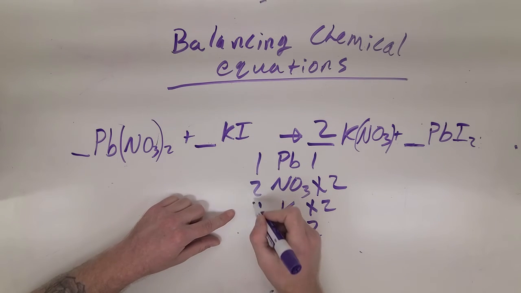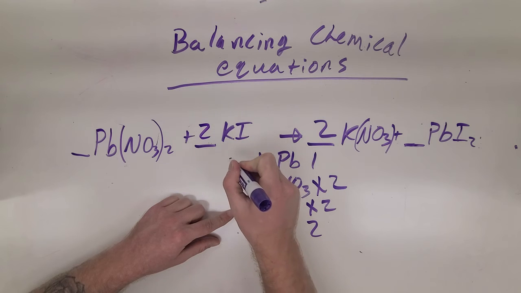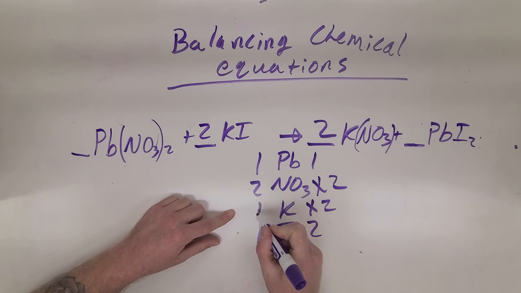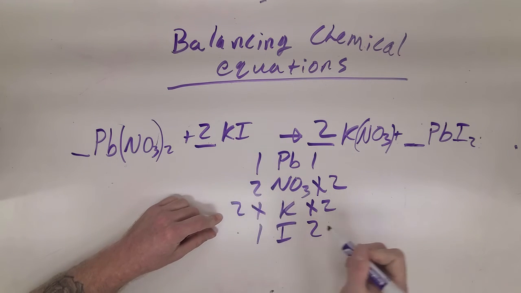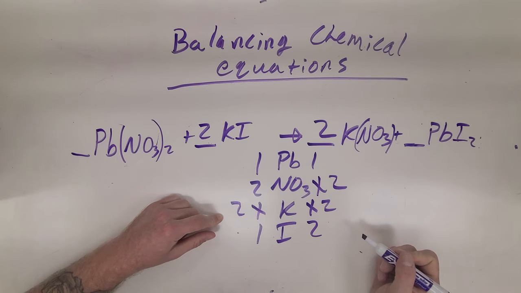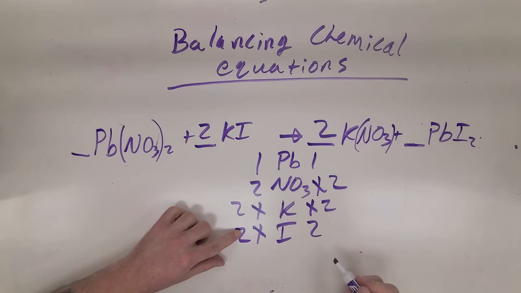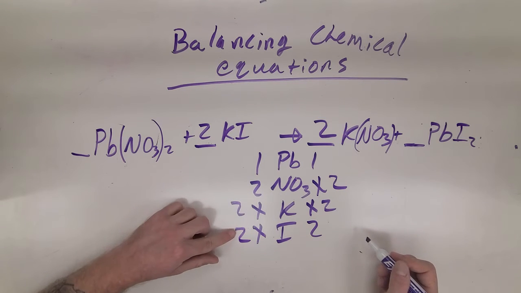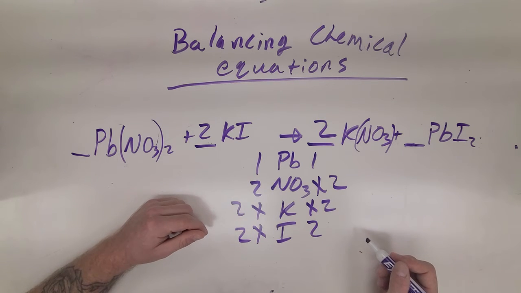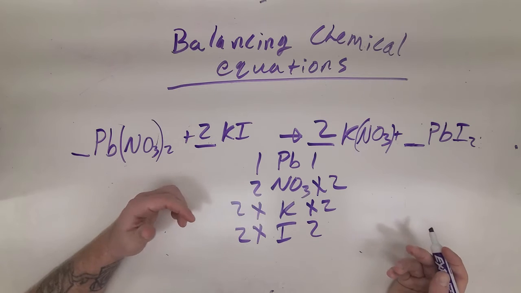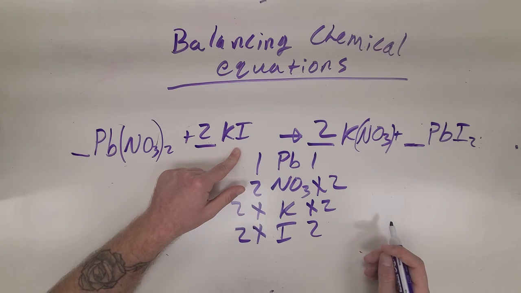So to do that, we got to add 1 more over here. 2 times 1 potassium gets us 2 potassium there. But that also gets us 2 iodine. So we got to put 2 iodine right there. And if we take a look, I think that fixed it. We didn't even have to talk about iodine. Kind of fixed it on its own.